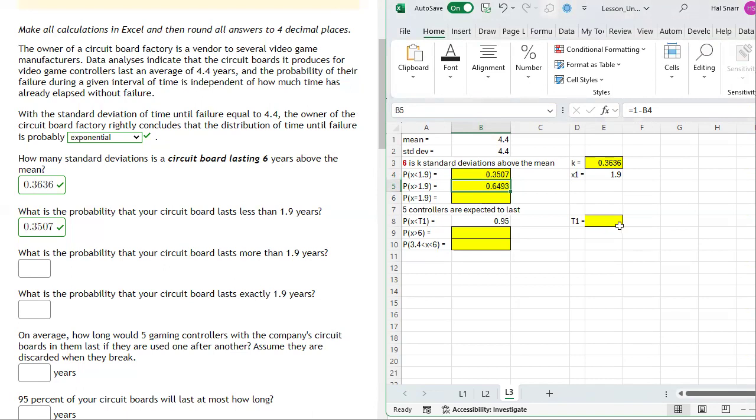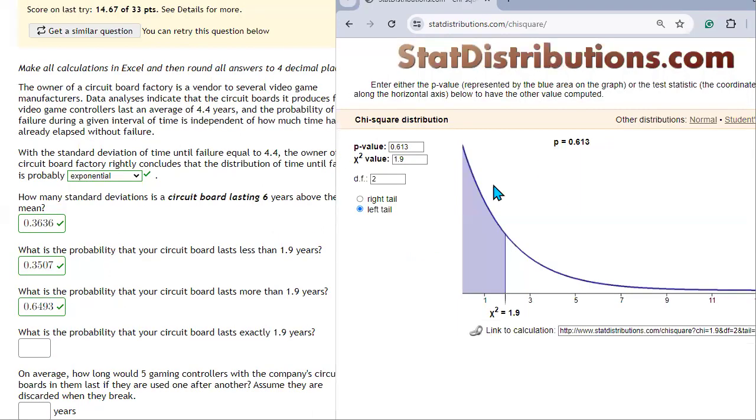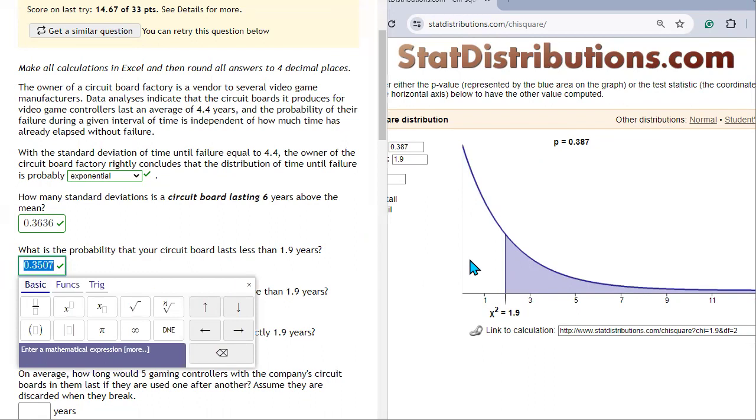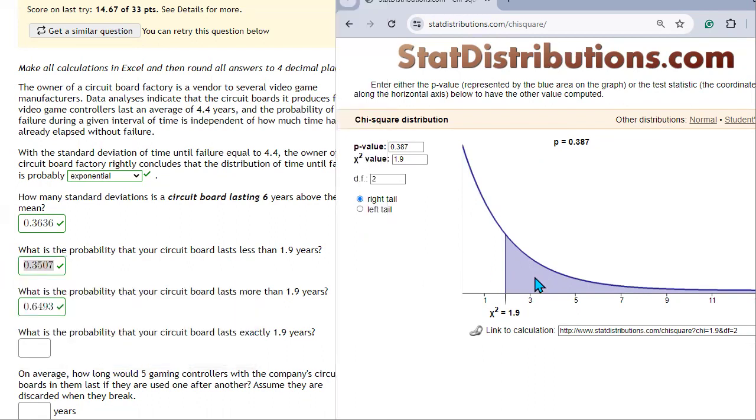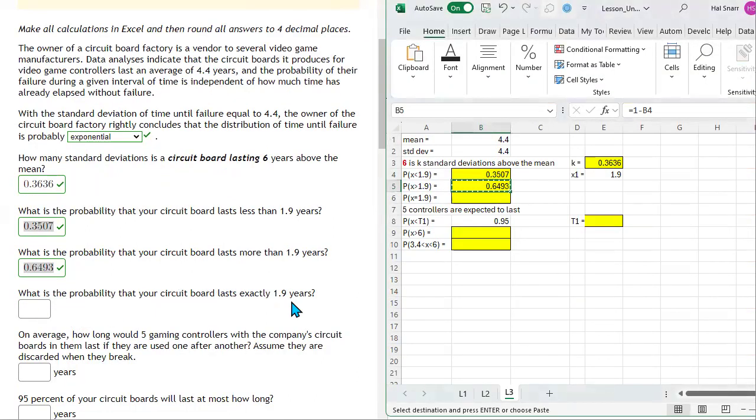So this is the probability of being greater than 1.9. Now, graphically, what does that look like? Well, we just do the right tail instead. If this area were 0.3507, this area here would be 0.6493.